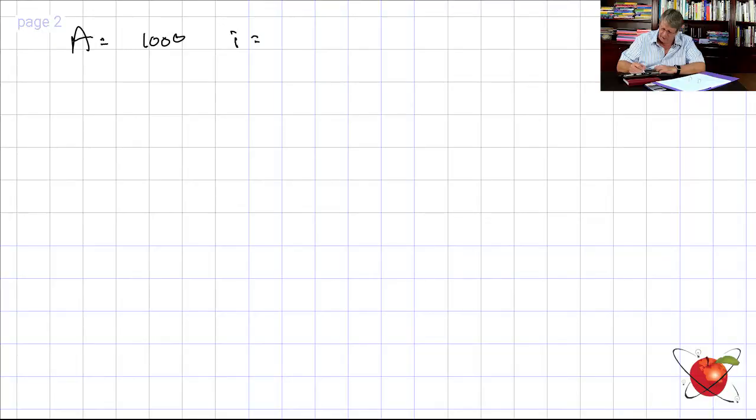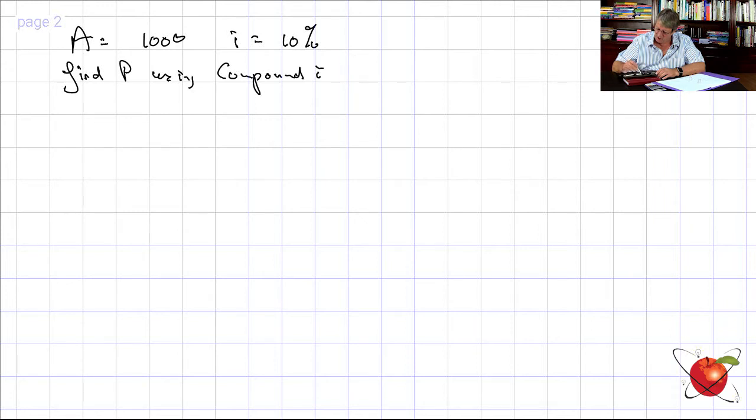So let's have a look. A is 1,000, and I've put I equal to 10%. Let us find P using compound interest over 5 years.